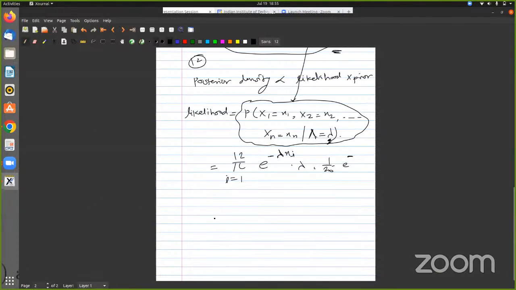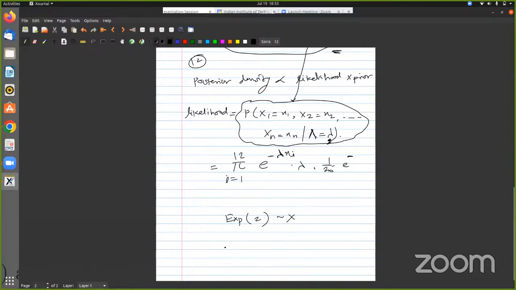Let's say x is a random variable, with a parameter, and there is a distribution for this x.